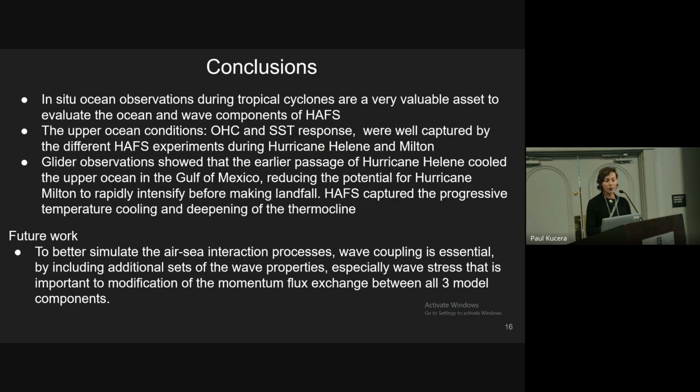To conclude, in situ observations during tropical cyclones are an extremely good asset for us to evaluate the ocean component in HAFS. The upper ocean conditions, ocean heat content, and sea surface temperature during Helene and Milton were well captured by the HAFS system.